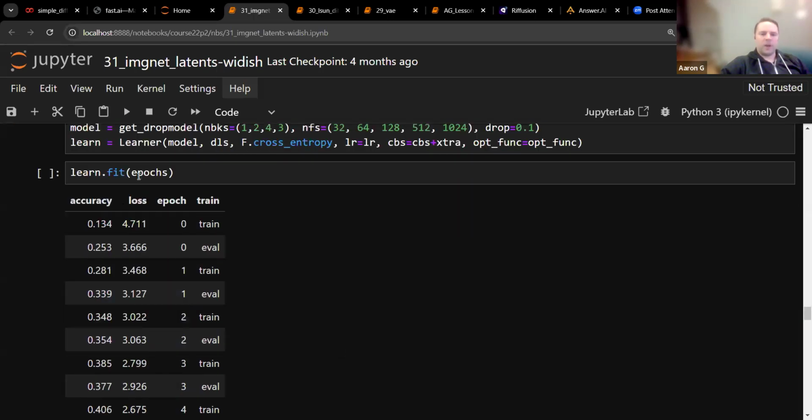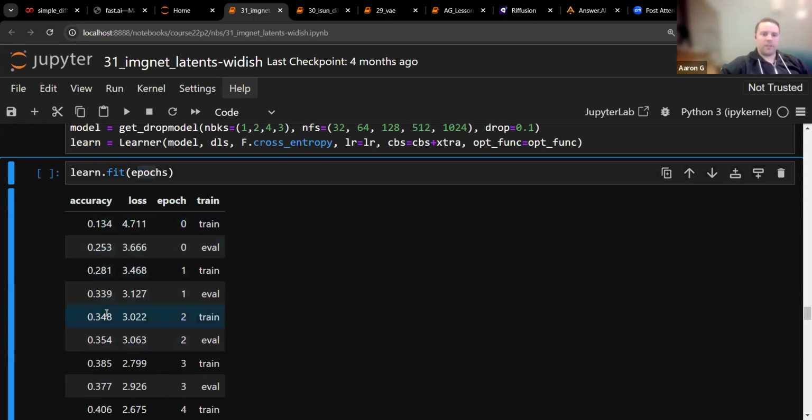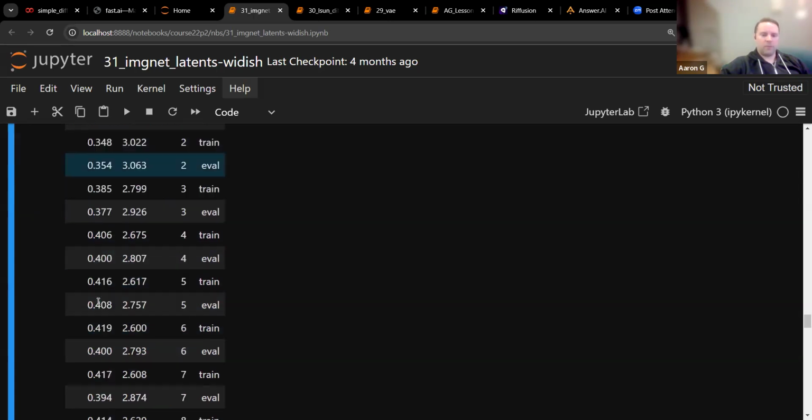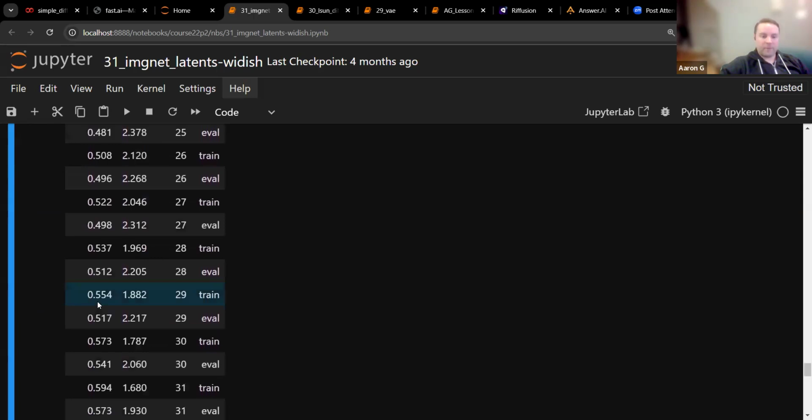The point I just wanted to call out here is the results are pretty good as a standalone classifier in latent space. It does a pretty good job at classifying. Looking at accuracy, it doesn't start off very high, but you have to remember this is like 1,000 different buckets.